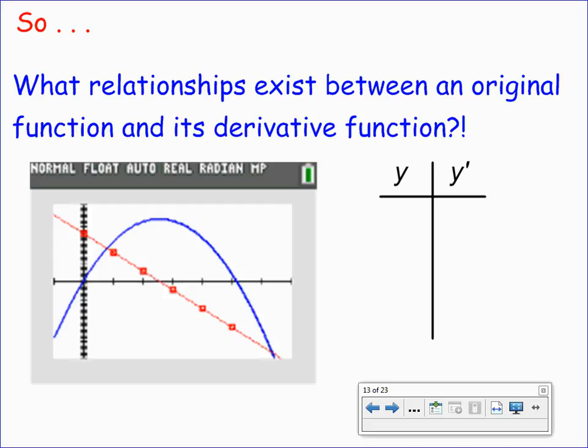And then that's the vertex, right? Yeah, the vertex.